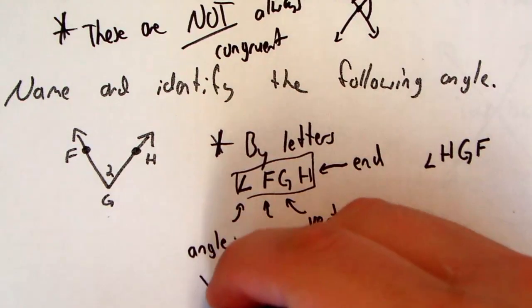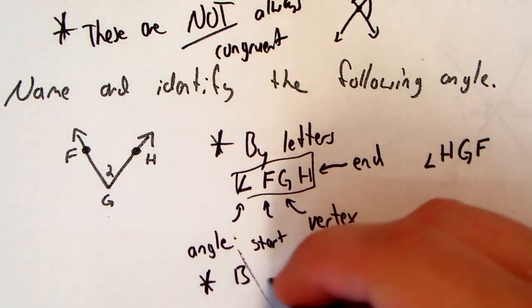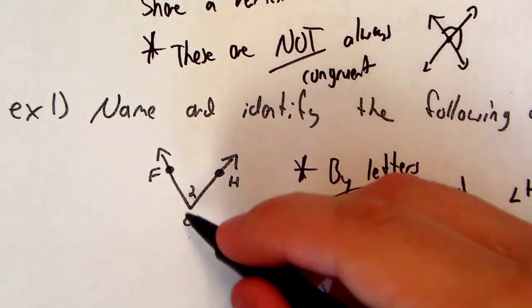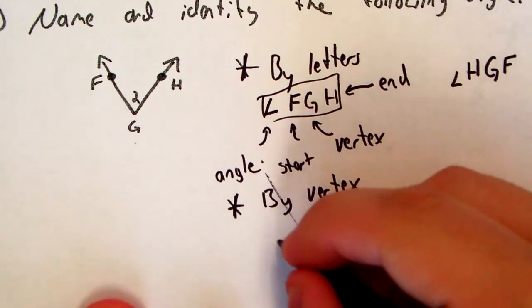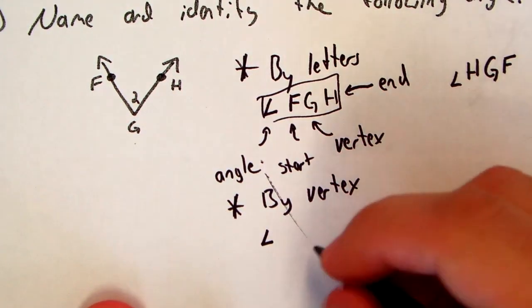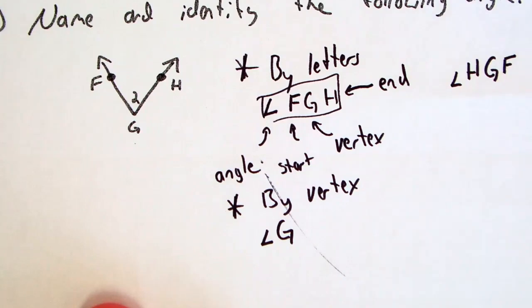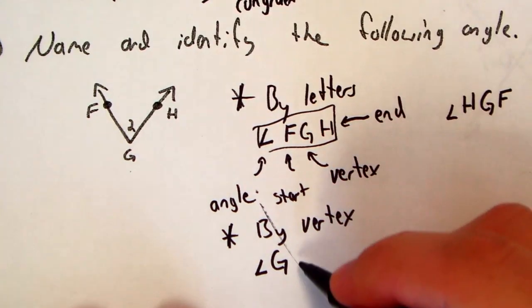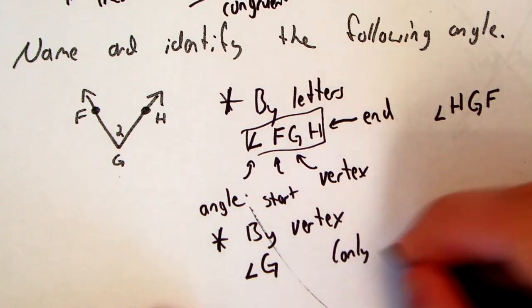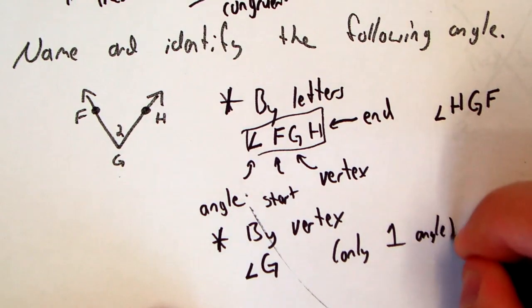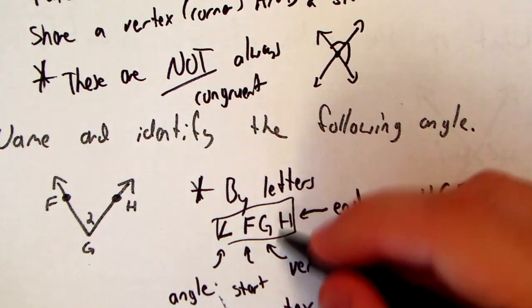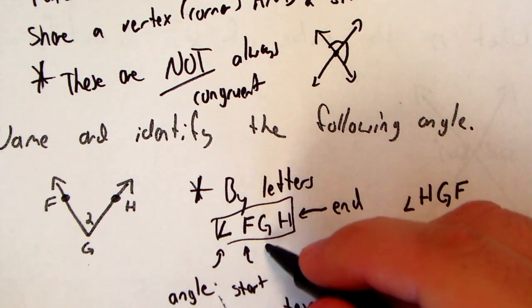Another way that we could do it is by simply using the vertex. And in this case, the vertex is G. So we're going to do the angle sign and just the letter G. This is going to be used if there's only one angle. The letters are going to be used if more than one angle could be letter G, where letter G is the vertex of more than one angle.